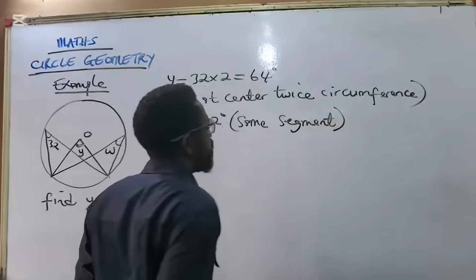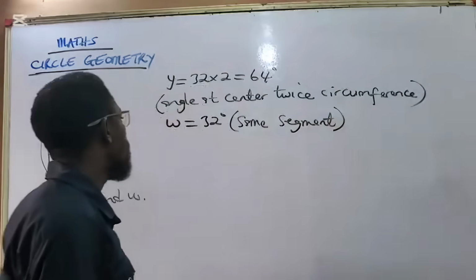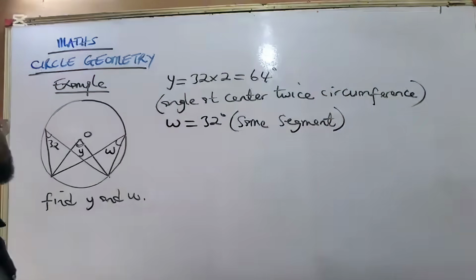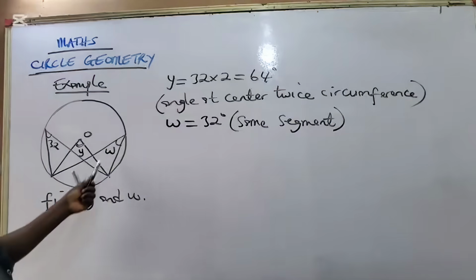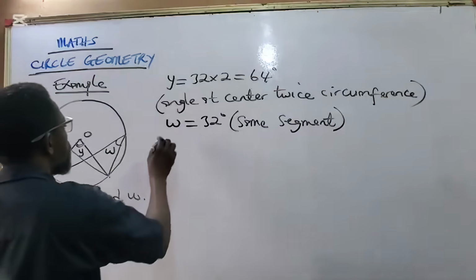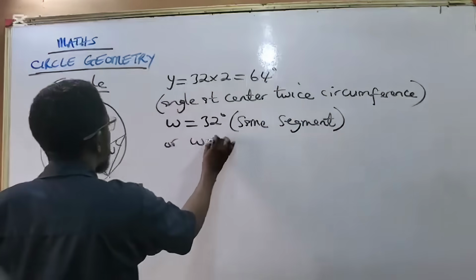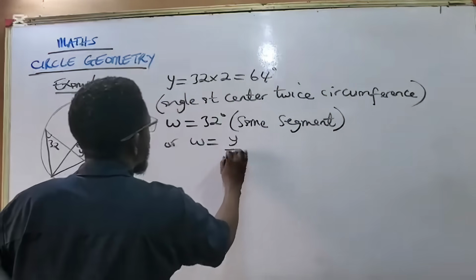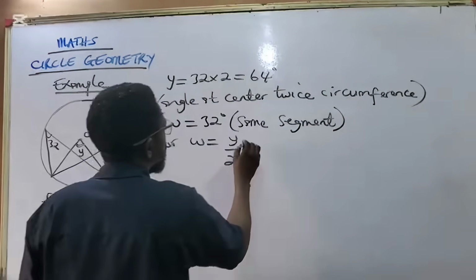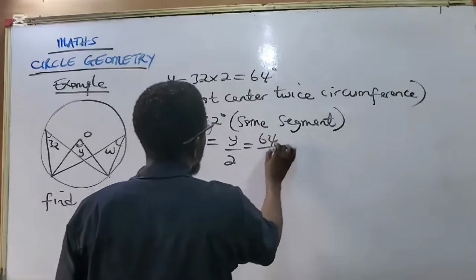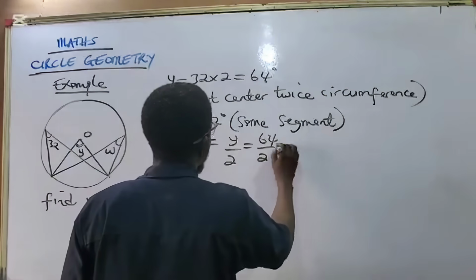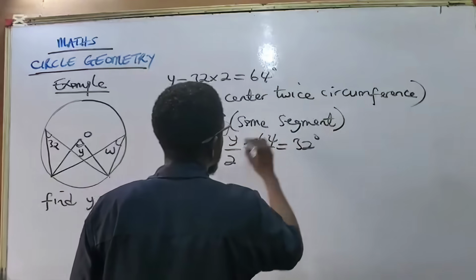Now, if you don't use that, then we can say that w is equal to y over 2, which is 64 over 2, and that is 32 degrees.